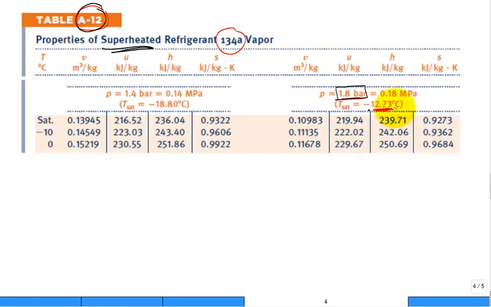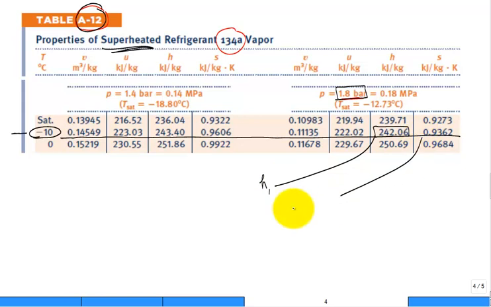And we already talked that the saturation temperature is -12, but we're coming out at -10 degrees C. So along this line is all -10 degrees C. And we pick up that enthalpy to be H at 1 is here, as well as S, the entropy at state 1. So those are the two values, 242.06 and 0.9363. So let's go back to our table.